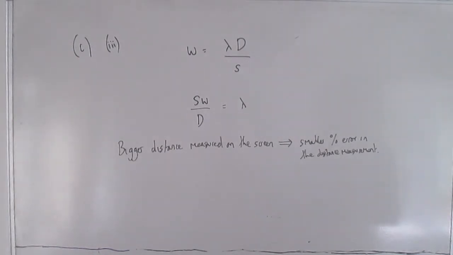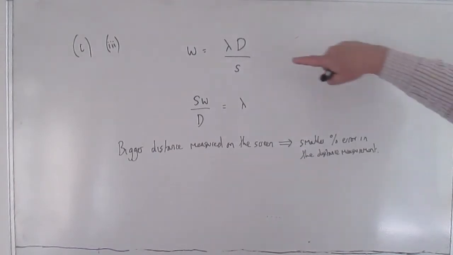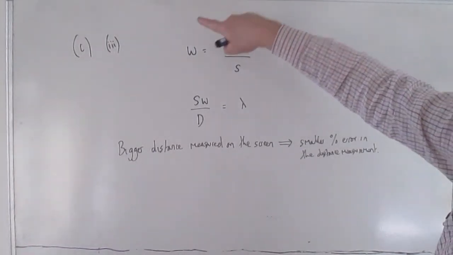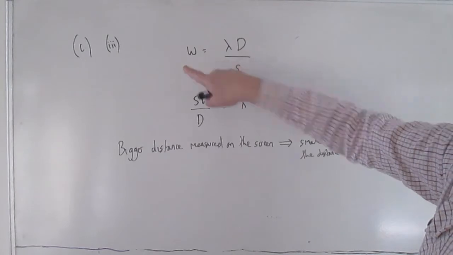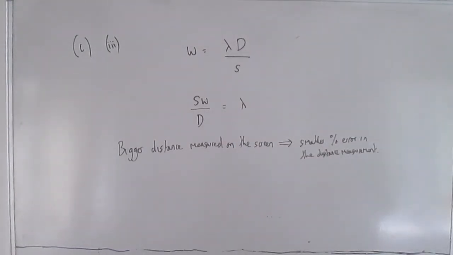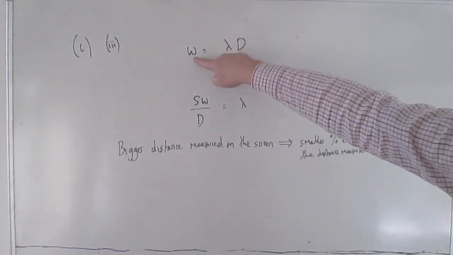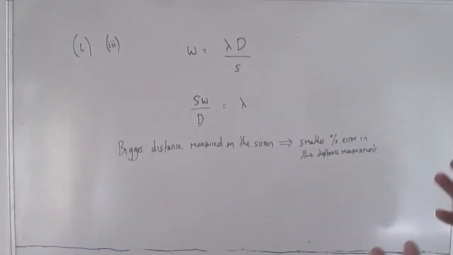Well, the first thing that we can do is to increase the distance D, because you can see that if we increase D, we also increase W. And actually that improves accuracy both in our measurement of D and in our measurement of W in terms of percentage uncertainty, because if D is bigger and W is bigger, then the percentage error on D and on W will both be smaller.